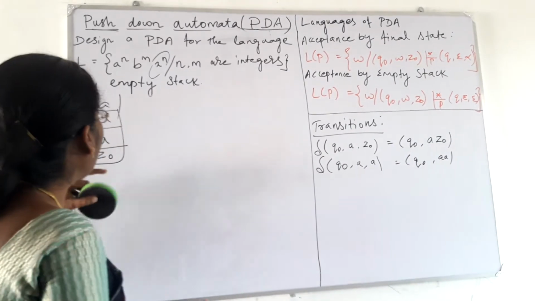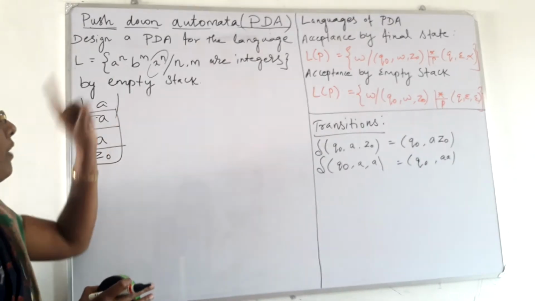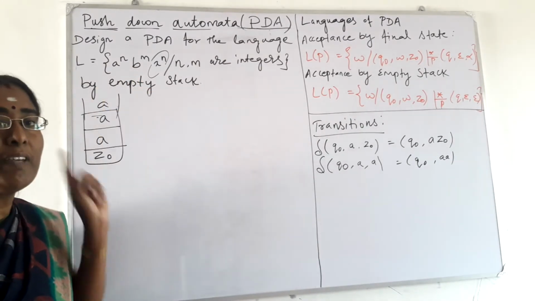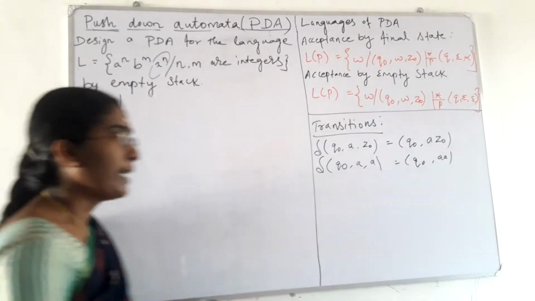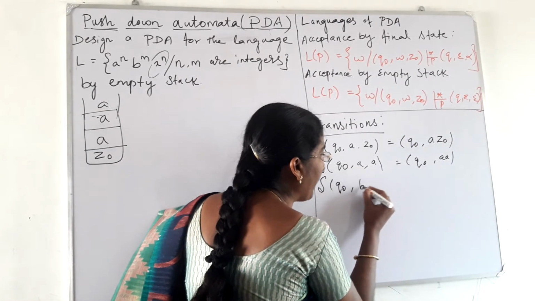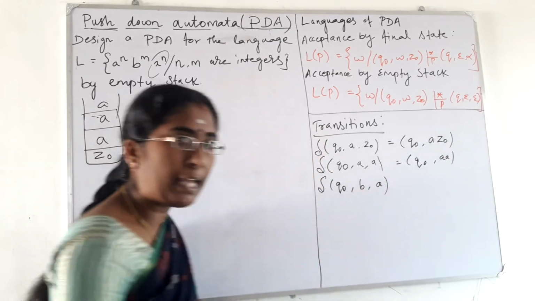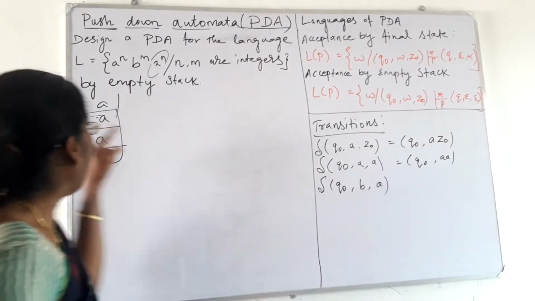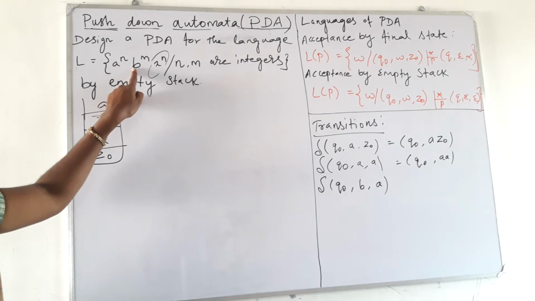Next, after reading the A's, what symbol do we have? We have the symbol B. From the state Q0, we read the symbol B with the top of the stack as A.